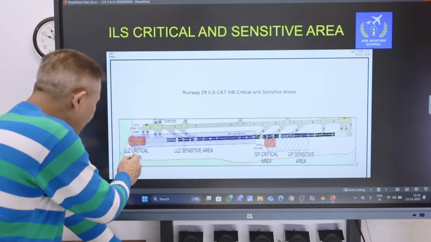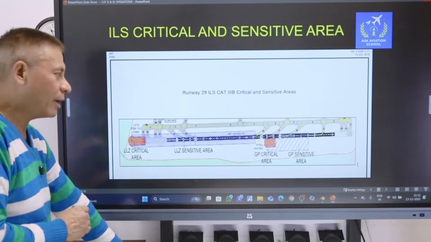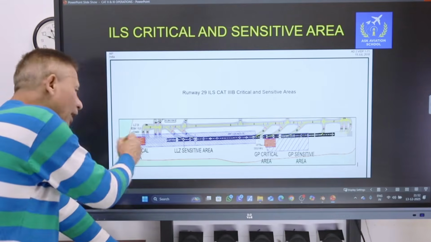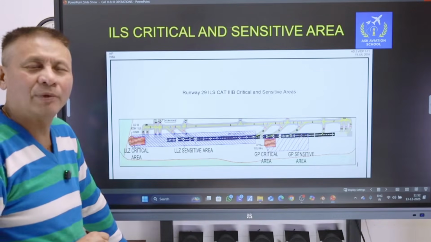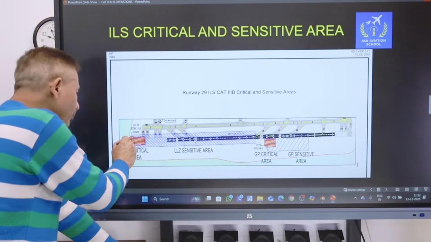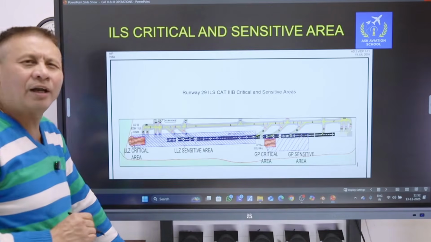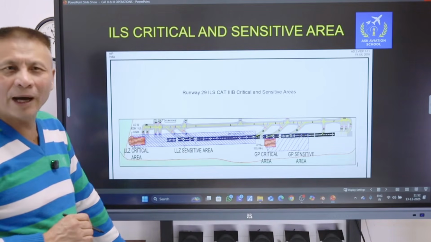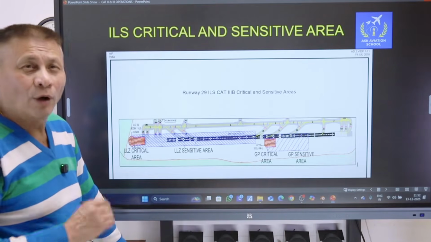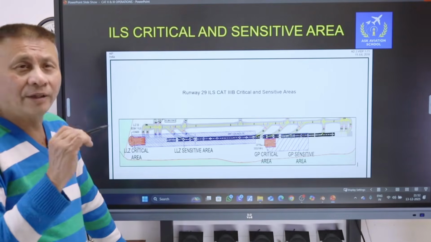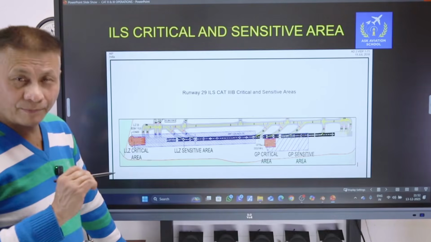Like in this case, it is a localizer antenna. Localizer antenna is on the end of the runway, if this is the approach side, on the end of the runway 300 meters up. So any obstacle which is there in and around is going to compromise the integrity of the localizer signal. So therefore, all the movement in this area is prohibited.